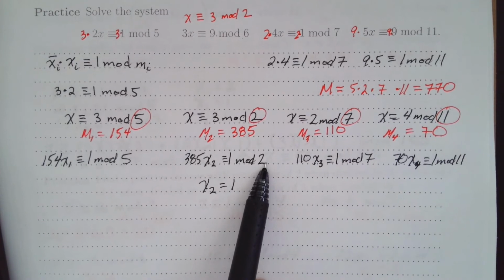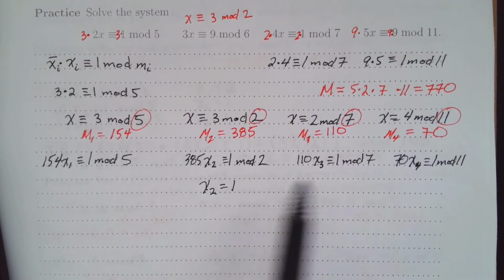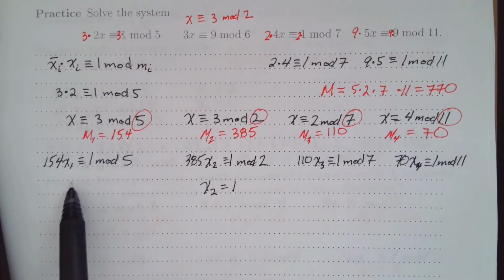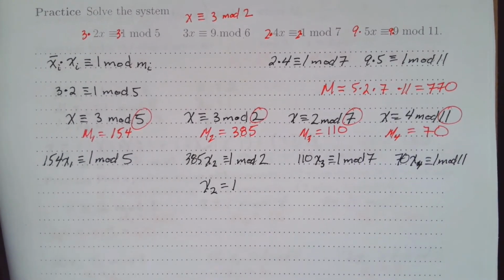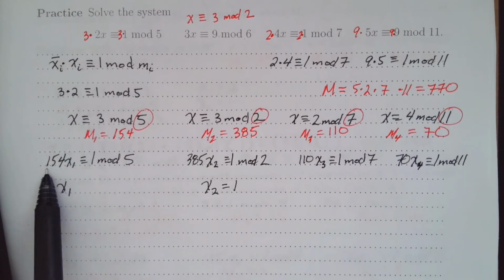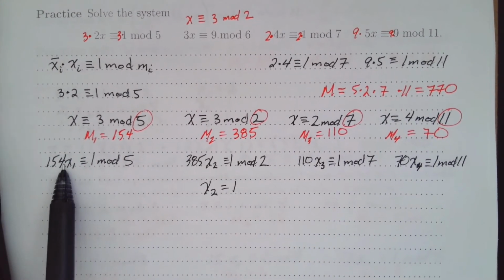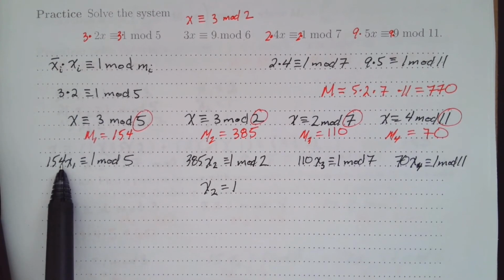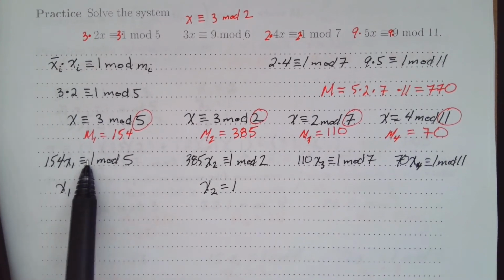So that's fine. For these other ones, it might not be quite as easy, so let's check this one out here. 154 multiplied by 2 is going to end in an 8. That won't work for us. 154 multiplied by 3 is going to end in a 2. That won't work for us.